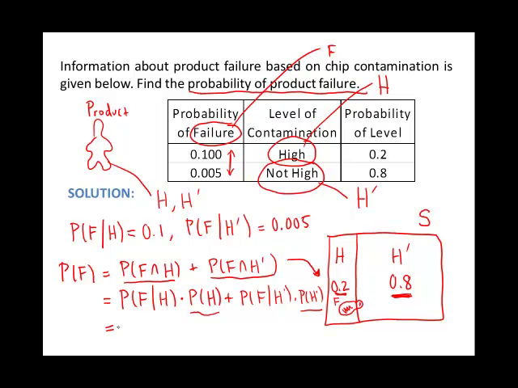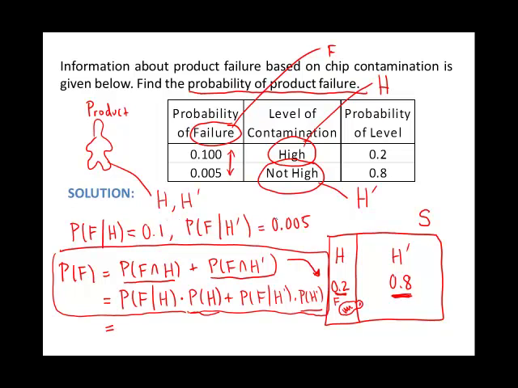Okay, so what we actually call what I am doing right here is the total probability rule. I'm just breaking up the probability of failure into the mutually exclusive ways that that failure can occur under H or H complement.